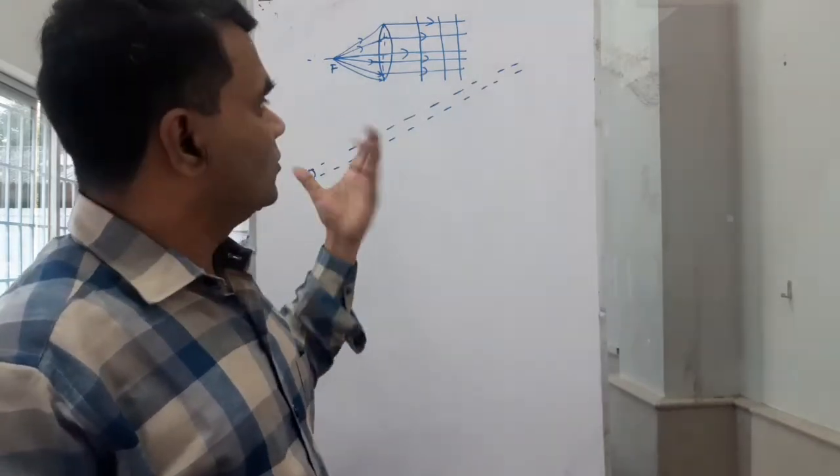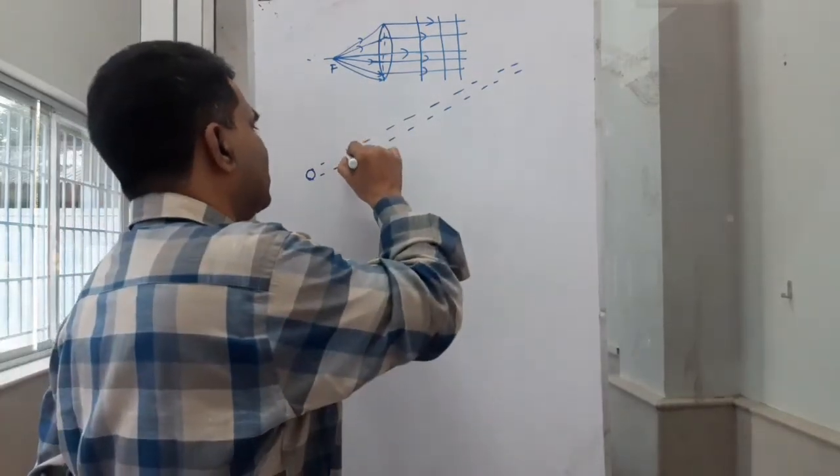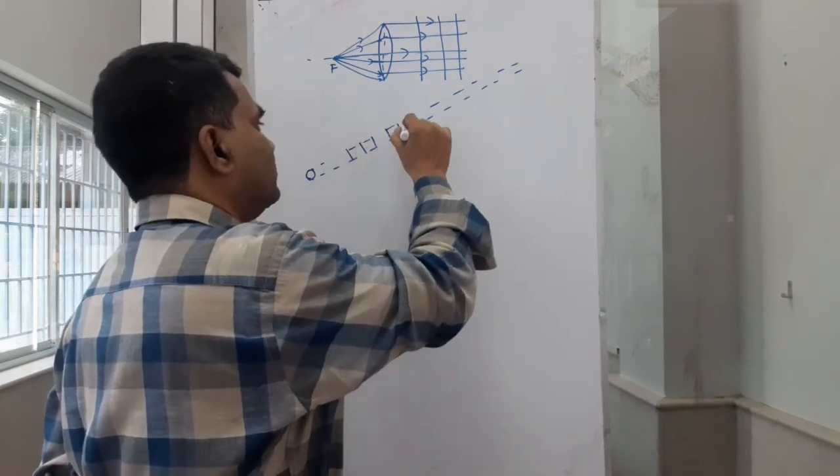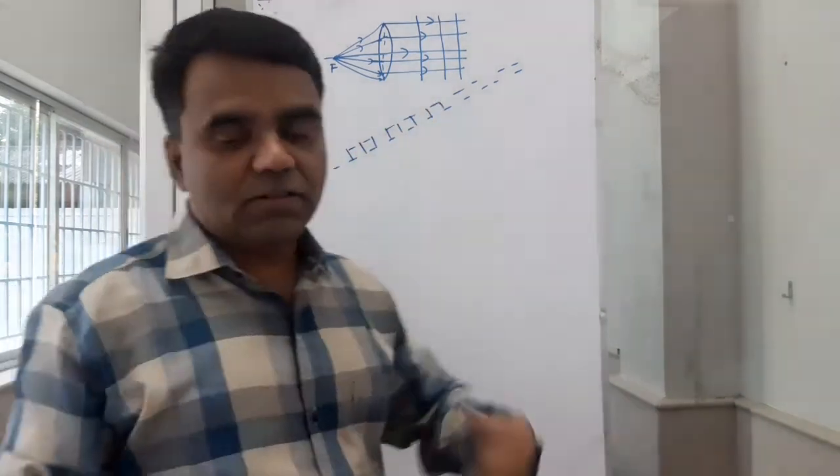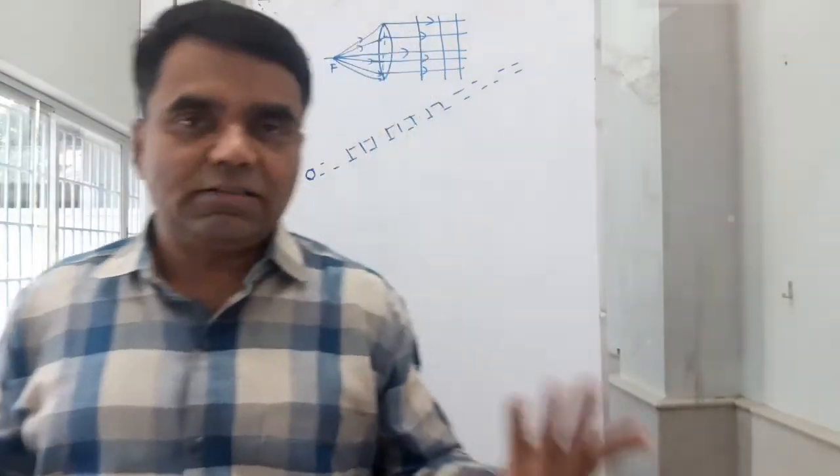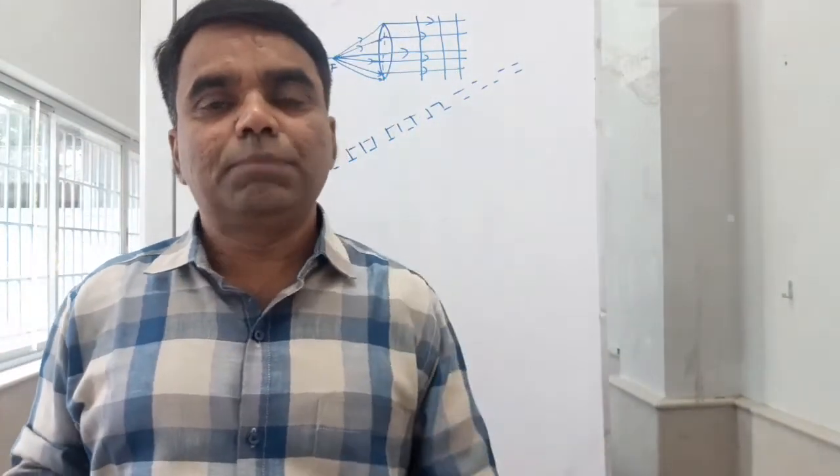Okay. So this will also be a plane wavefront, either from the sun or from other stars, whatever you see from a distance. It needs to be a plane wavefront.